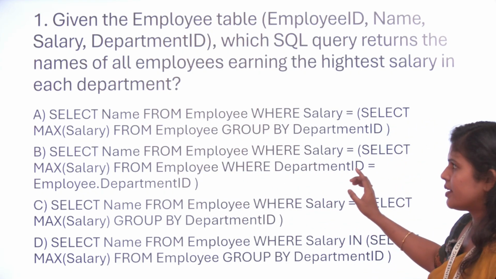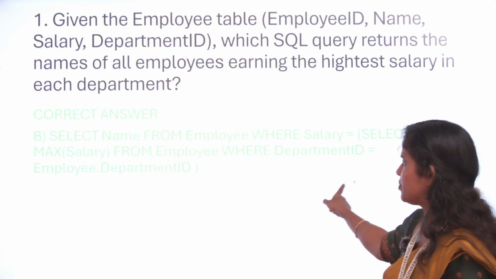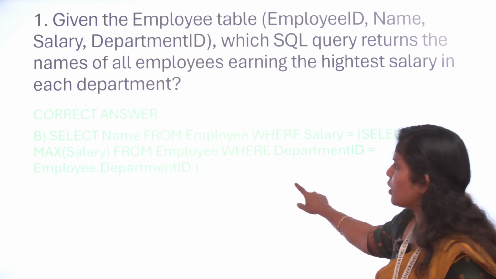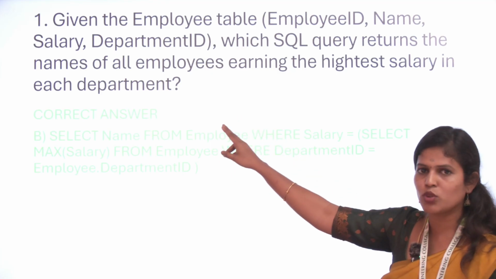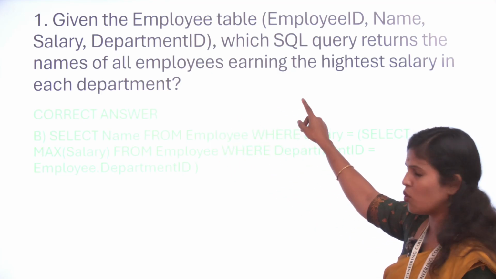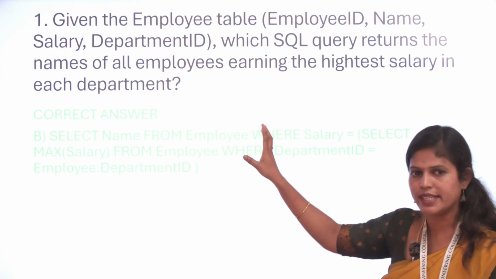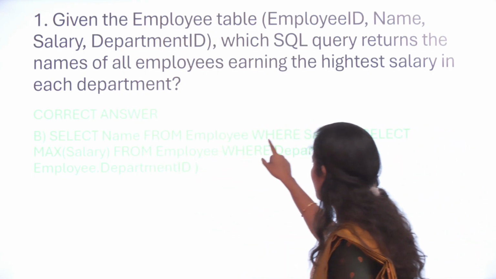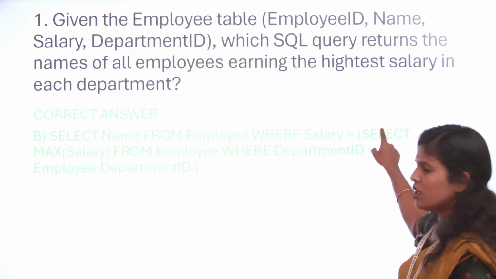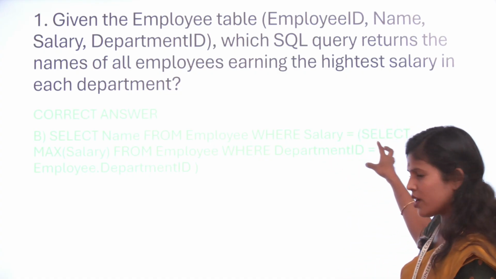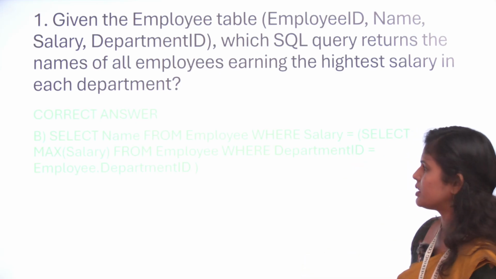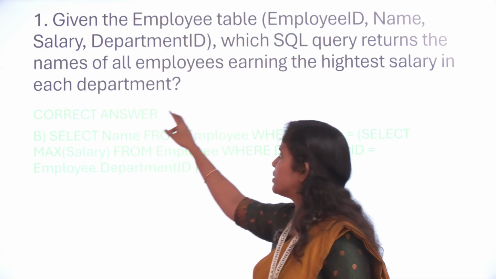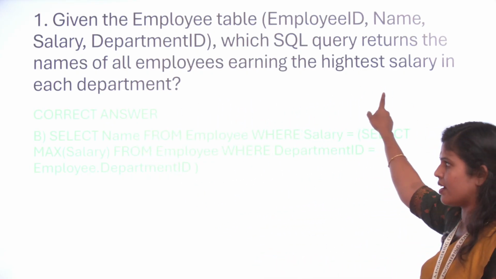So the correct answer for this is SELECT name FROM employees, because we want the names of all the employees who are earning the highest salary in each department, right? So we SELECT the name FROM employees WHERE salary equals, in the correlated query they have given, SELECT MAX(salary), because they have asked for the highest salary, right?